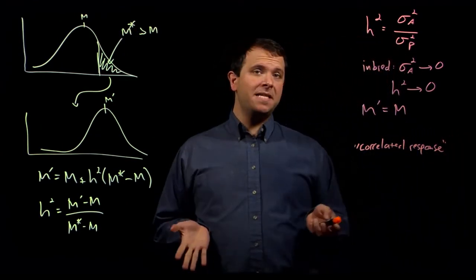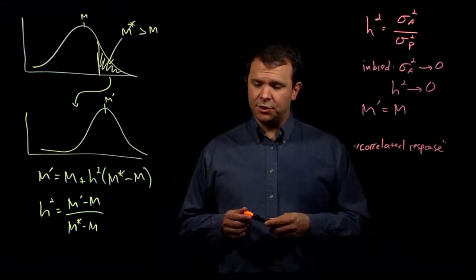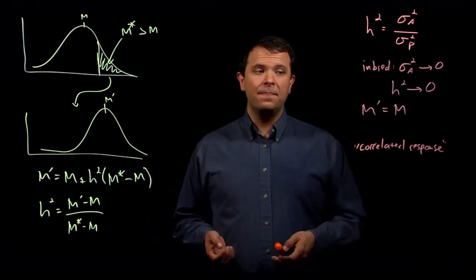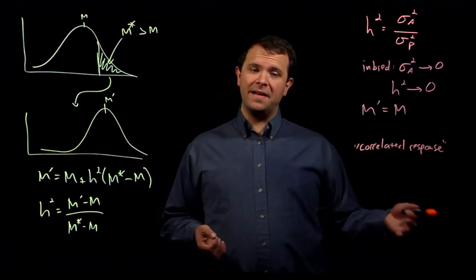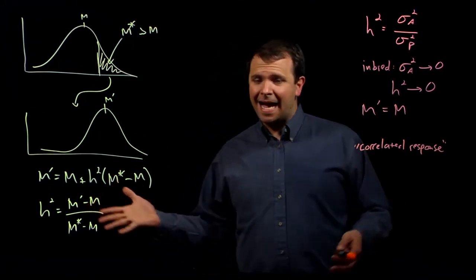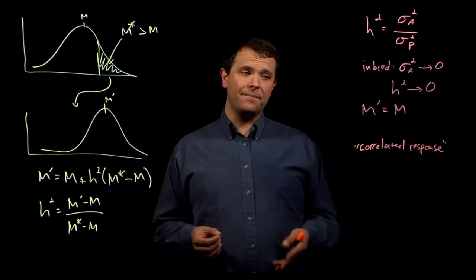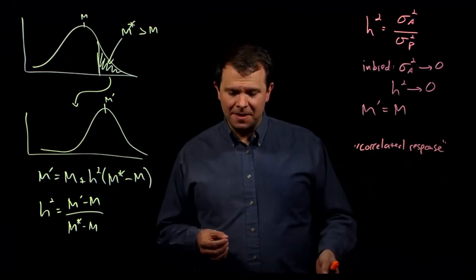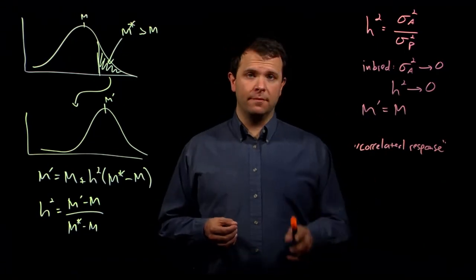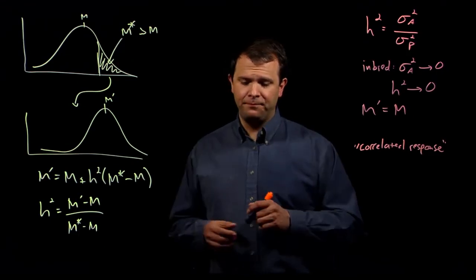And this is pretty typical in long-term artificial selection. Eventually, the selection for one trait, the trait of interest, is balanced out by the natural selection against it. And again, we've reached a selection limit beyond which no further improvement in this trait is possible.